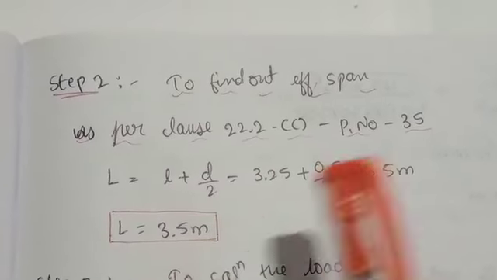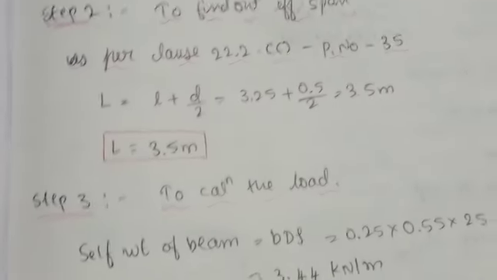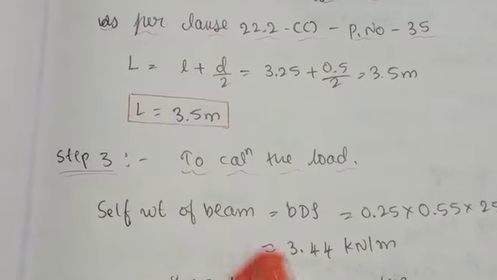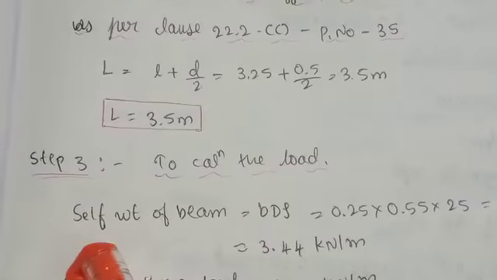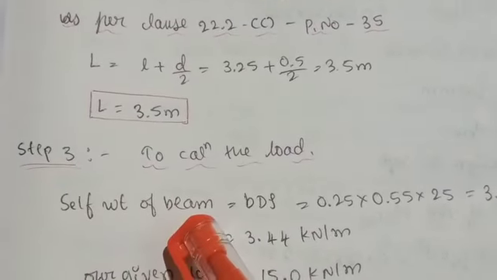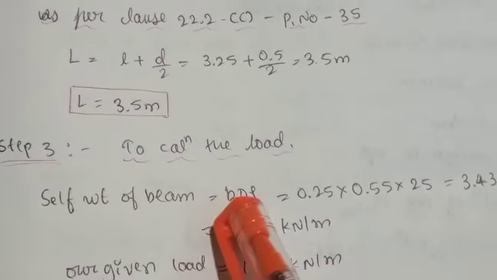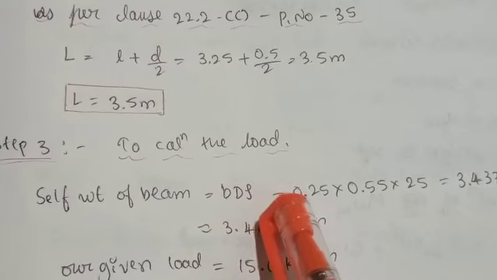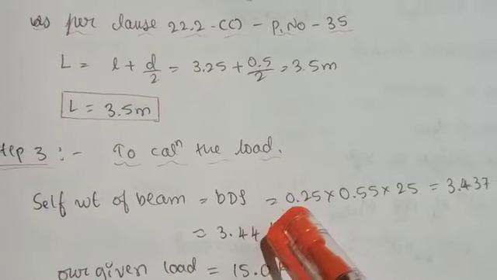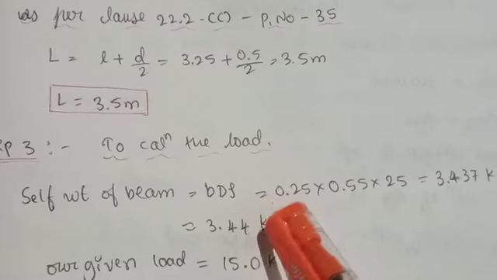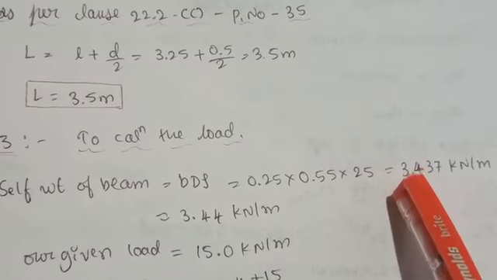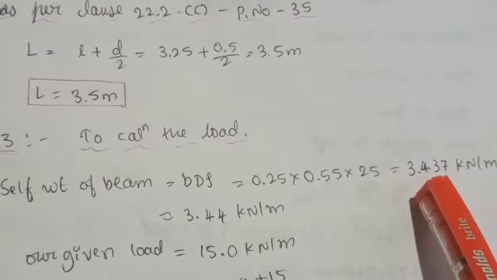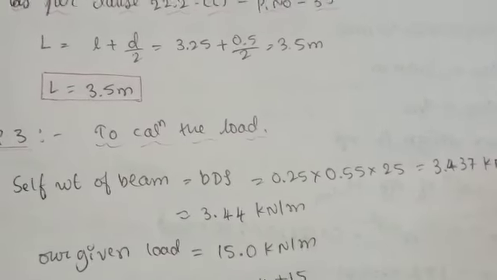Step 3 is calculation of the load. We'll calculate the self weight of the beam. For that we have the formula B into D into rho. Rho is the density of RCC, that is constant 25. Substitute all the values, simplify this, we will get 3.437 kilonewton per meter.